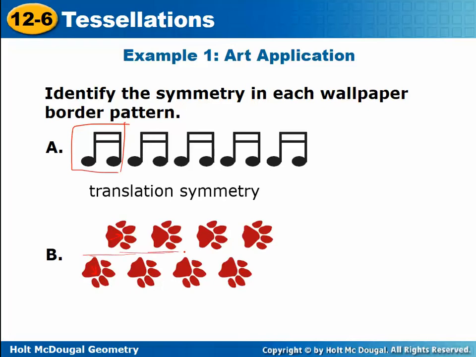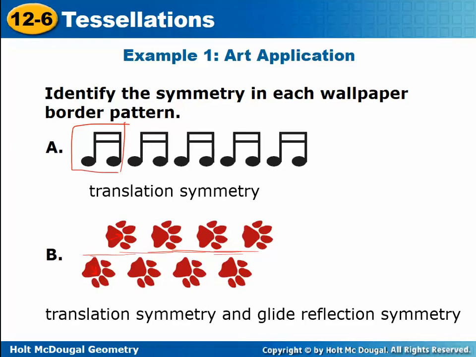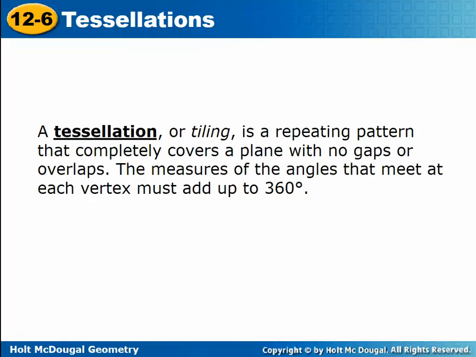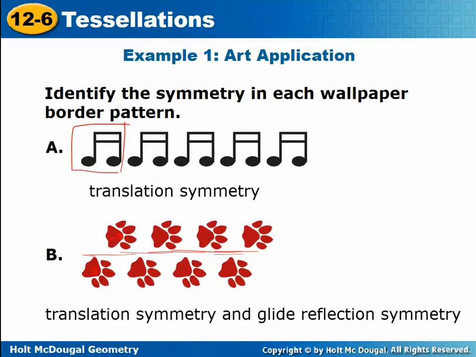And there's also this line here. So this one has glide reflection. It also has translation symmetry, but every glide reflection will also have translation symmetry because there's a translation and a reflection going on when you have glide reflection. So on your worksheet, there's a few for you to name with either translation symmetry or glide reflection.